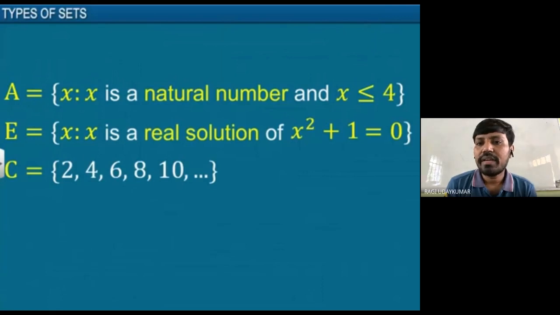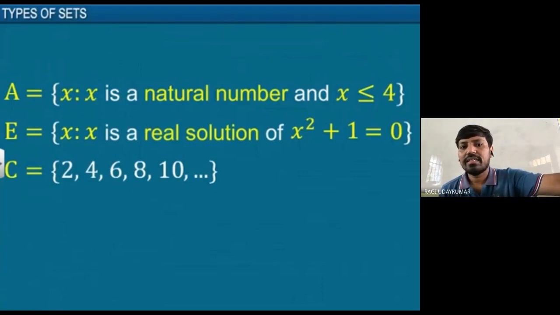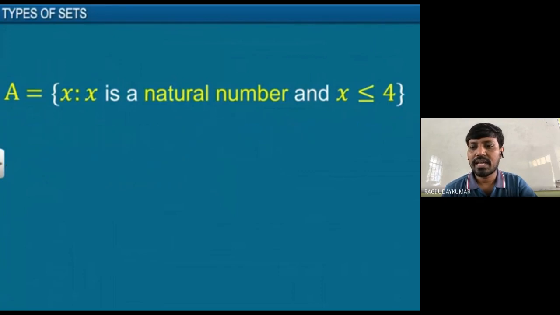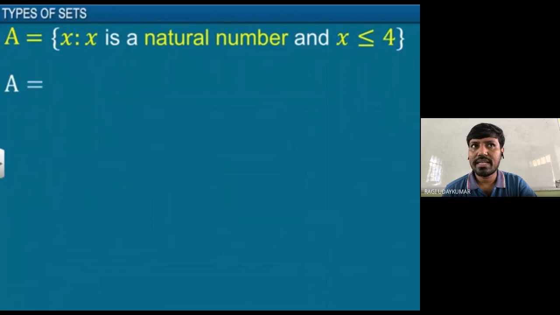So whenever you consider these sets, let us take x such that x is a natural number and x less than or equal to 4. How many numbers are we going to get here? 1, 2, 3, and 4.